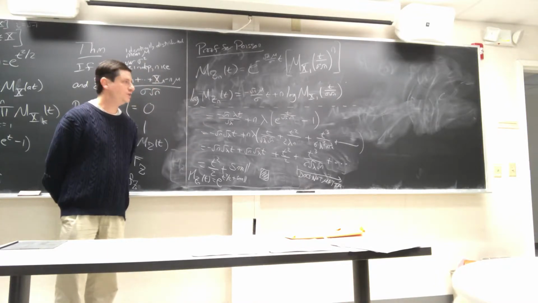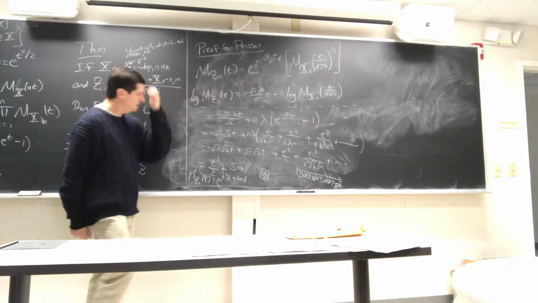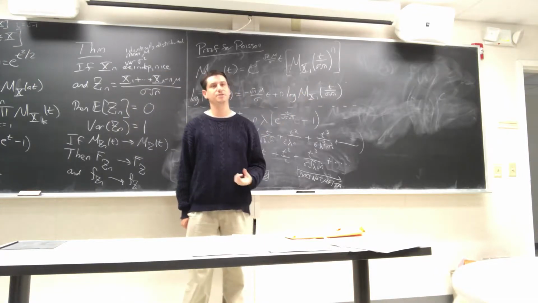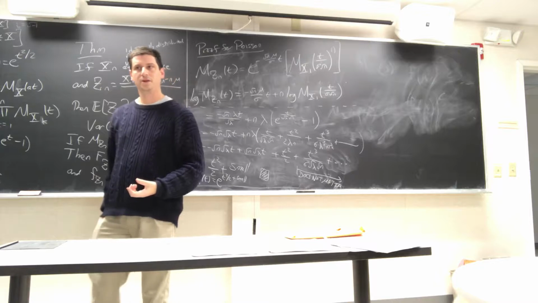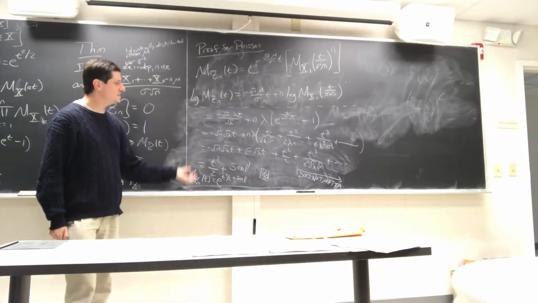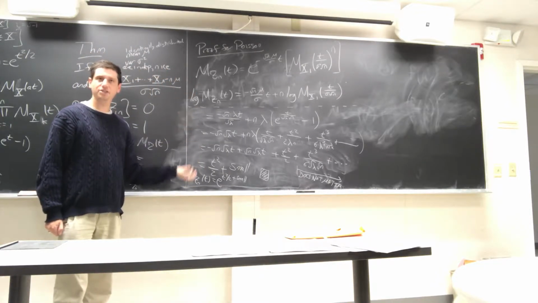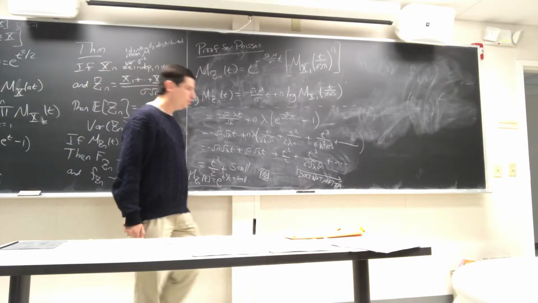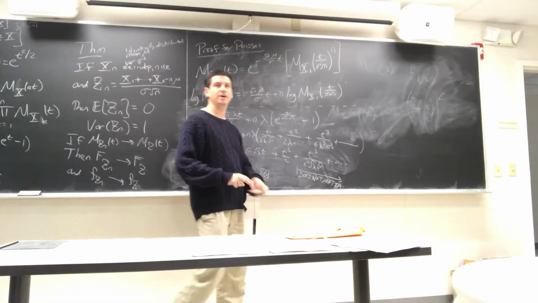So all we have to do now is just go back here and use the fact that we have a general moment generating function and not the specific one. All right? I think it's nice to see a special case first, get a sense of the big picture of what's going on, and now let's just do the calculation in full generality.